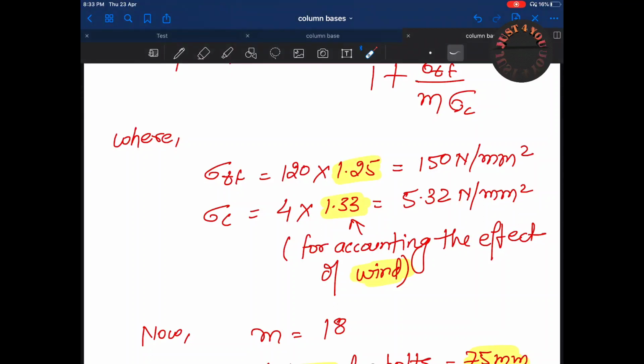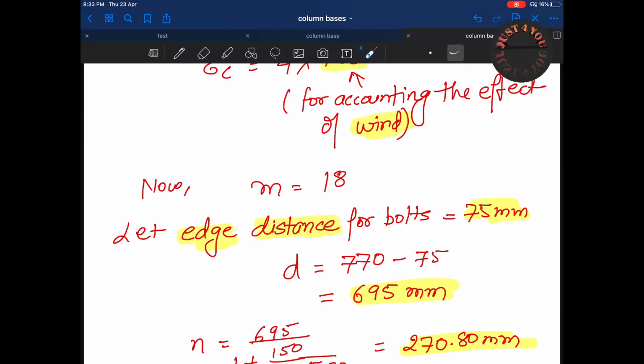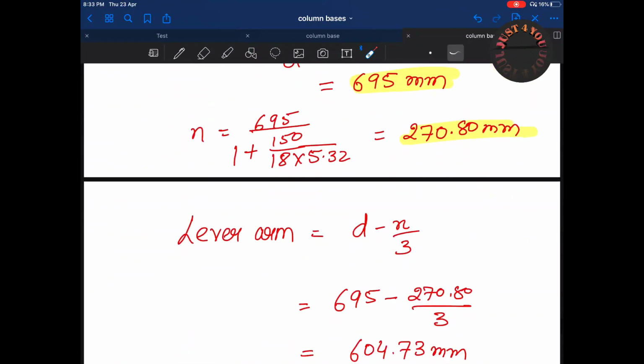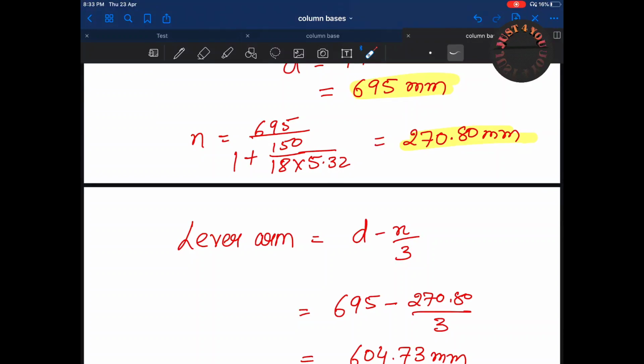In the case of wind moment, we increase the sigma TF value by 25% and the sigma C value by 33%, and the modular ratio is 18, and we calculate the value of D. With the help of this, we calculate the value of N, that is the depth of the neutral axis.